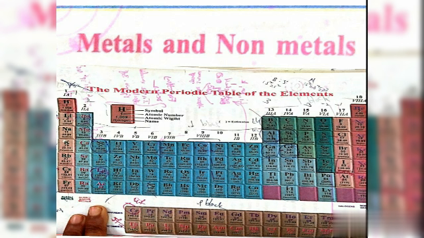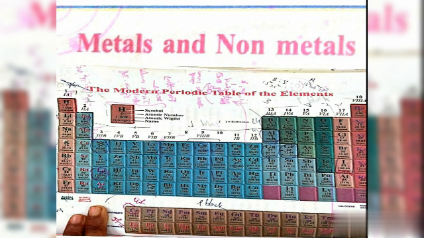Some scientists suggested lanthanum to ytterbium, where lanthanum is 57, and some suggested cerium to lutetium. Cerium is 58, lutetium is 71, so cerium to lutetium are these 15 elements.